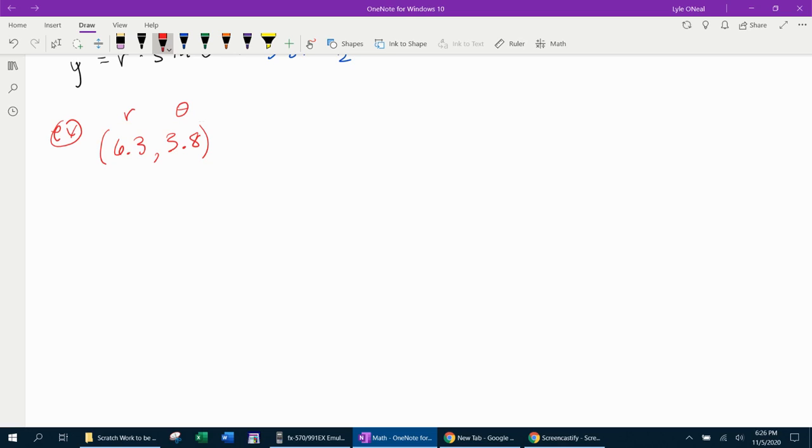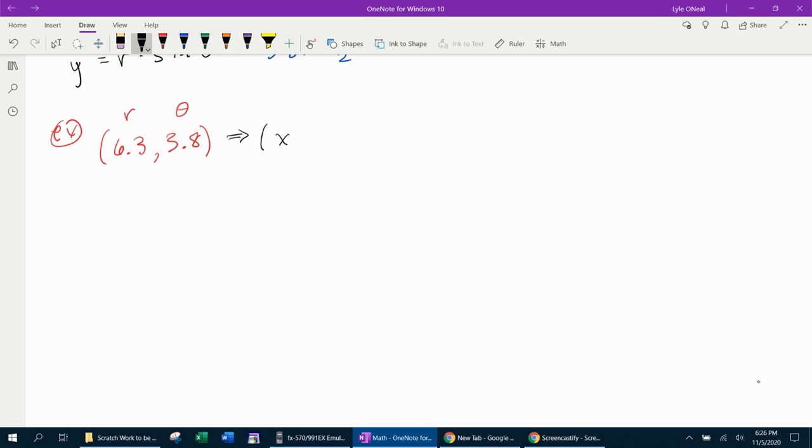If they tell you polar coordinates are given, you know you've got r and theta. If there's a degree symbol, then you know that's degrees. If there's no degree symbol, then that means you've got radians. And so they ask us to convert to rectangular coordinates.